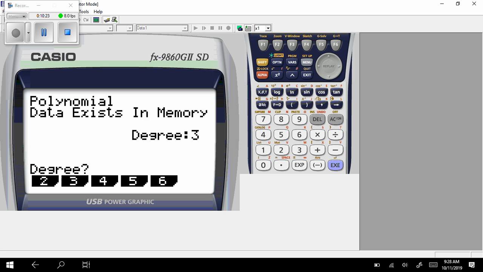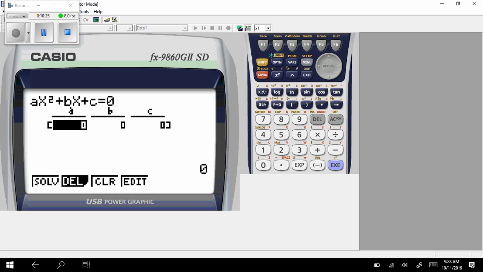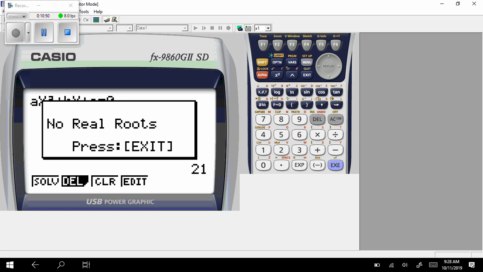Since it was a quadratic, that means it's degree 2, and then you type it in, which was x squared minus 2x plus 21. So 1x squared minus 2x. We don't type in any of the x's, and then plus 21. So C is 21.